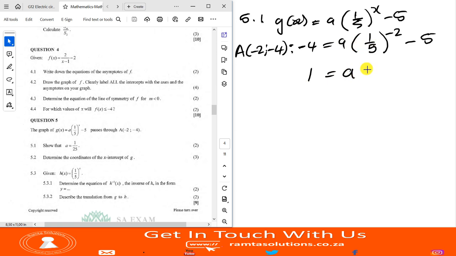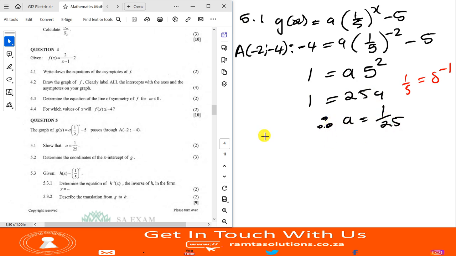Now 1 over 5, guys, is the same as 5 to the minus 1, and minus 1 times minus 2 is positive 2. So 1 over what is 5 squared? 5 squared is 25, right? Therefore, we can say a is 1 over 25. Happy? For 2 marks. Good.